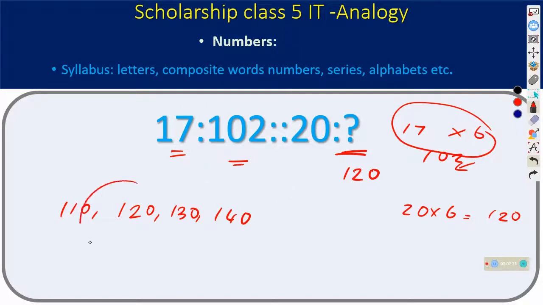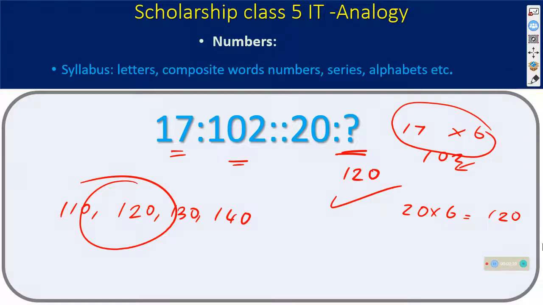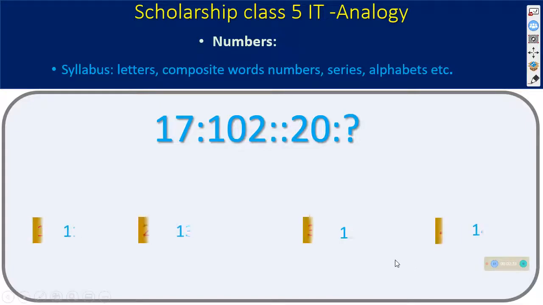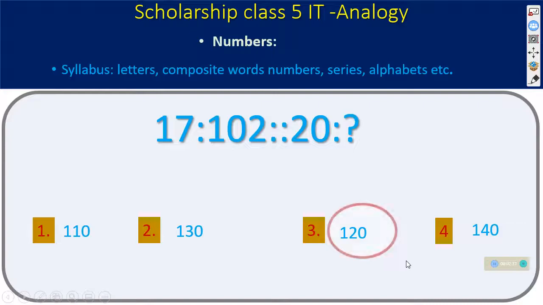Anyway, in this case the answer is 120. We also got the same answer. As I told you, this is the answer 120, which I have marked for you. Moving to the next question.